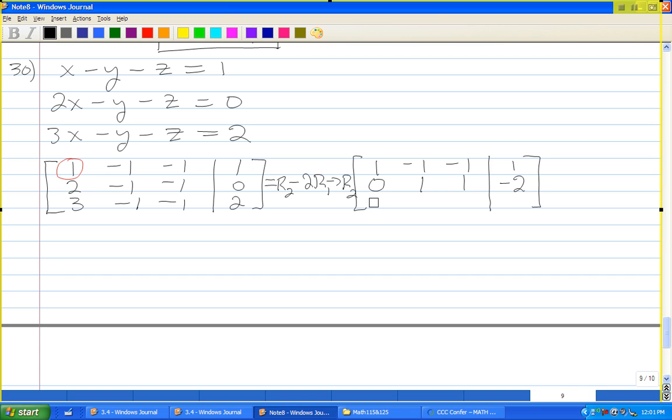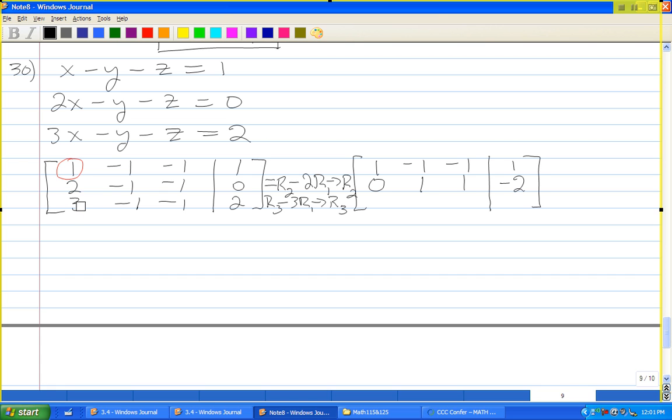Let's try to make this element 0 by multiplying this row by the appropriate constant, well, by negative 3. And so I'll take the third row, subtract 3 times the first row, to give me a new third row.